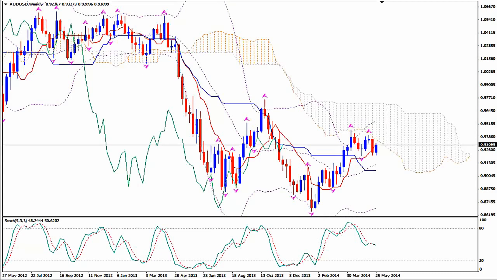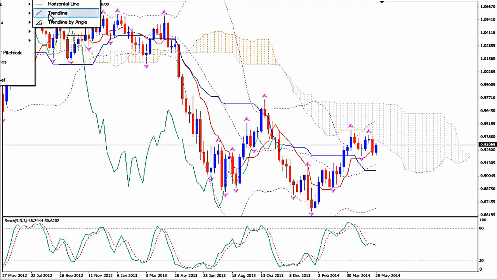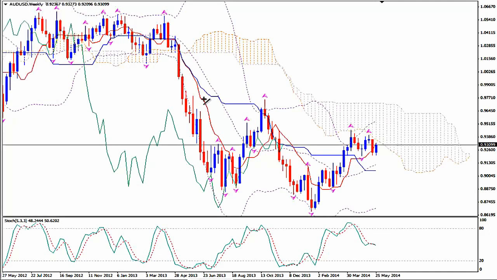So I will insert some lines here. This is the top of the W. I will not put it on the spike.